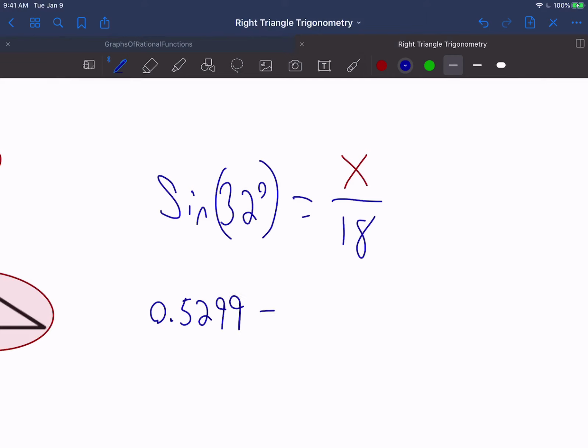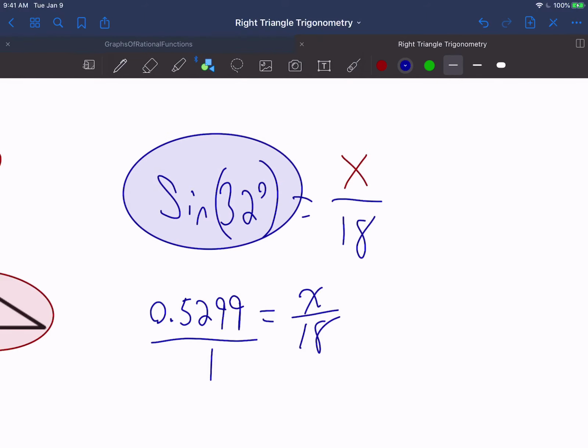So 0.5299 equals x over 18. If you want, you can throw that over 1 so it feels more like a proportion, and then you can solve. This number right here, sine of 32, is in fact a number. It's a decimal that represents the opposite to the hypotenuse.